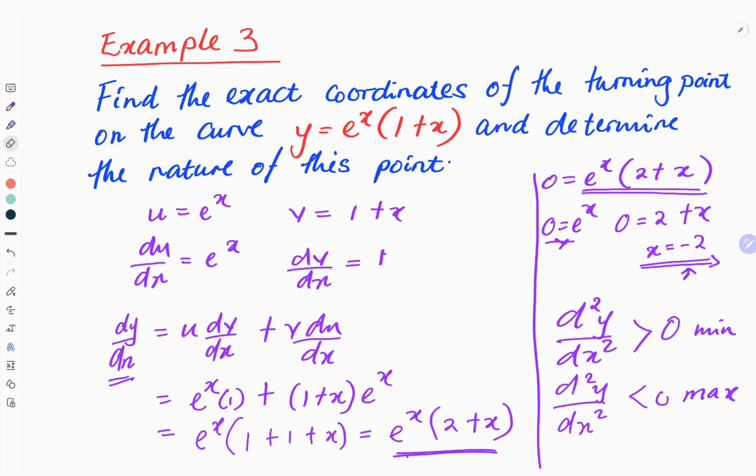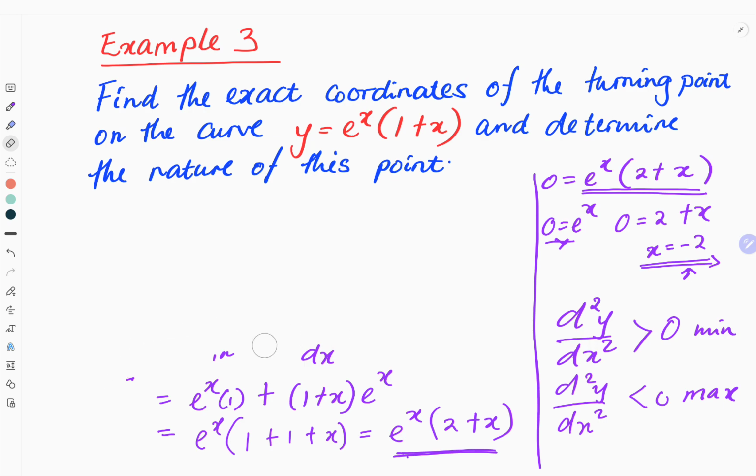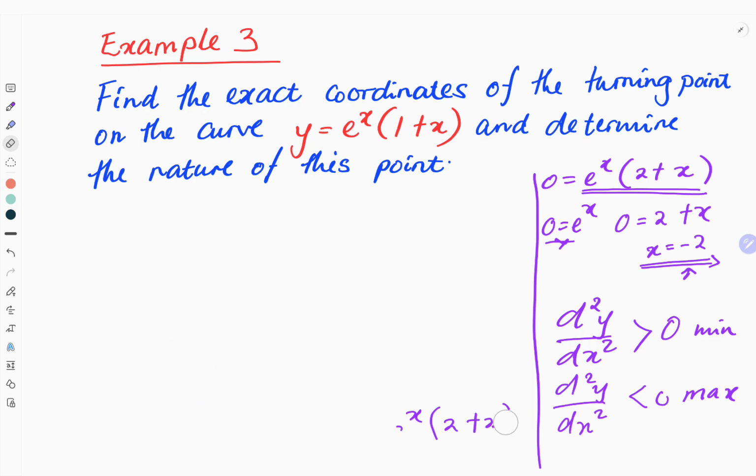So to do that, we need to use the product rule again. So in this case, our u will be equal to e to the power of x. Let me just erase that and make space. So remember now, the first derivative dy/dx is equal to e to the power of x bracket 2 plus x.